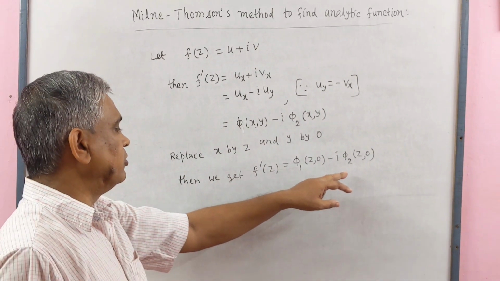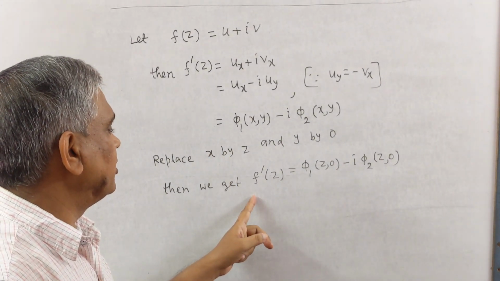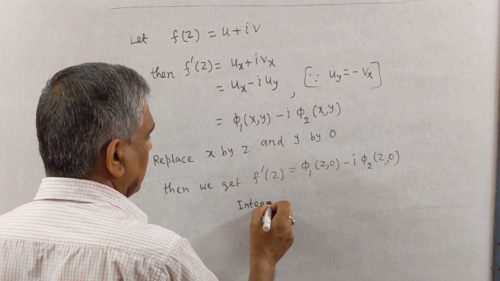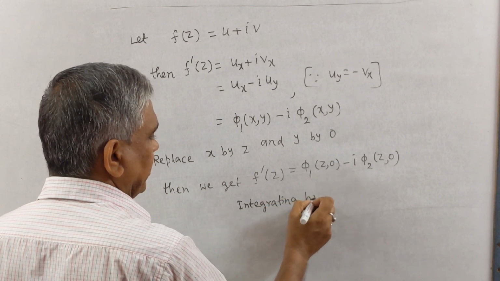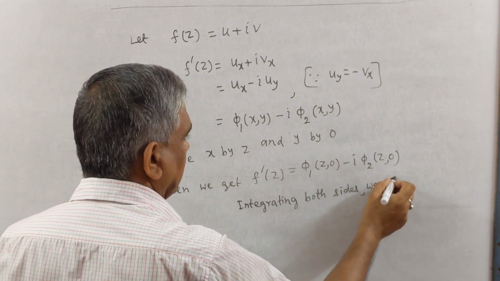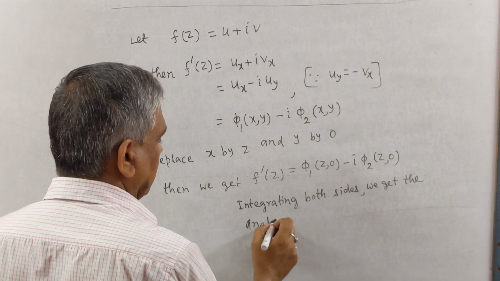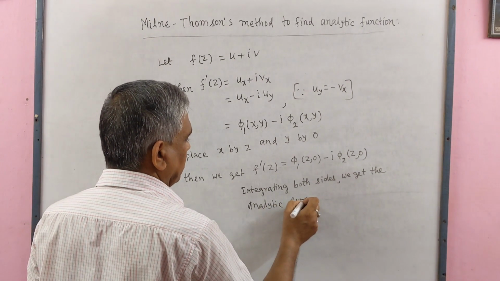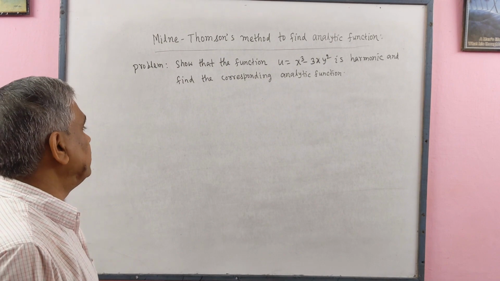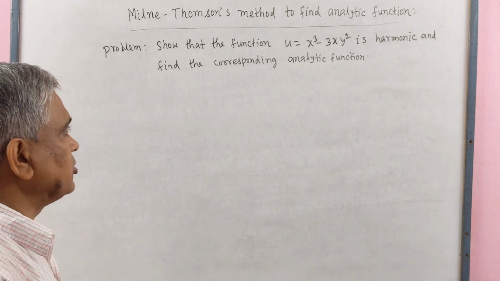Then the right hand side will be in terms of z, and then we integrate, integrating both sides, we get the analytic function f(z).